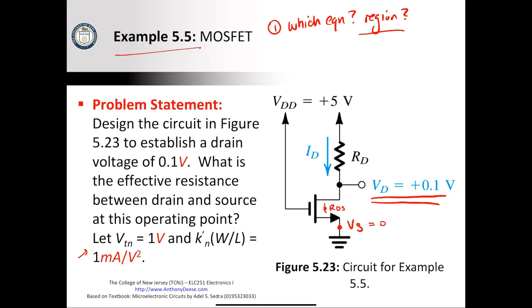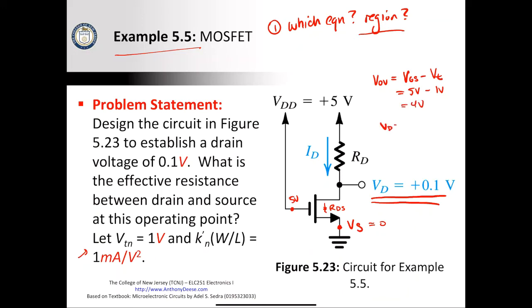So let's calculate VOV real quick. VOV will be VGS minus VT. The VGS is going to be 5 volts as shown here, minus 1 volt, so that's 4 volts.